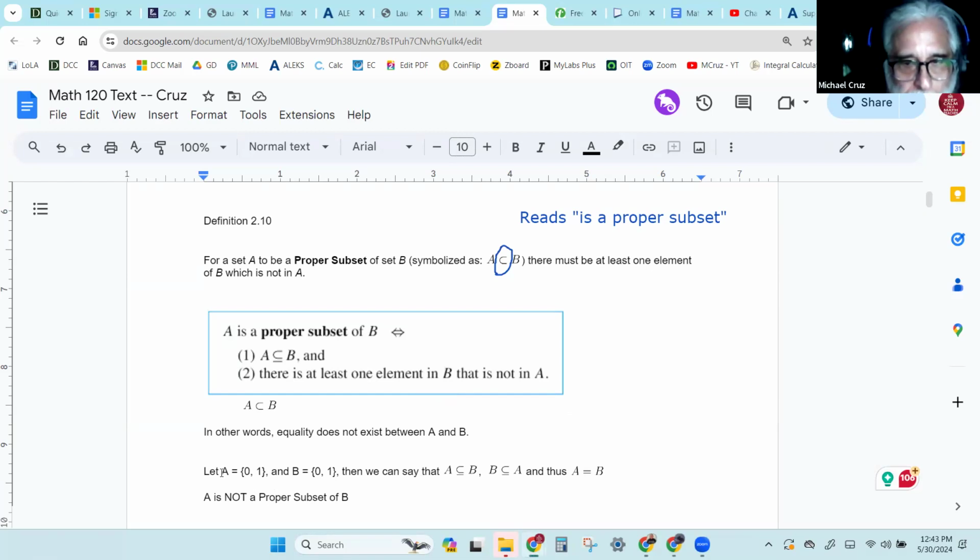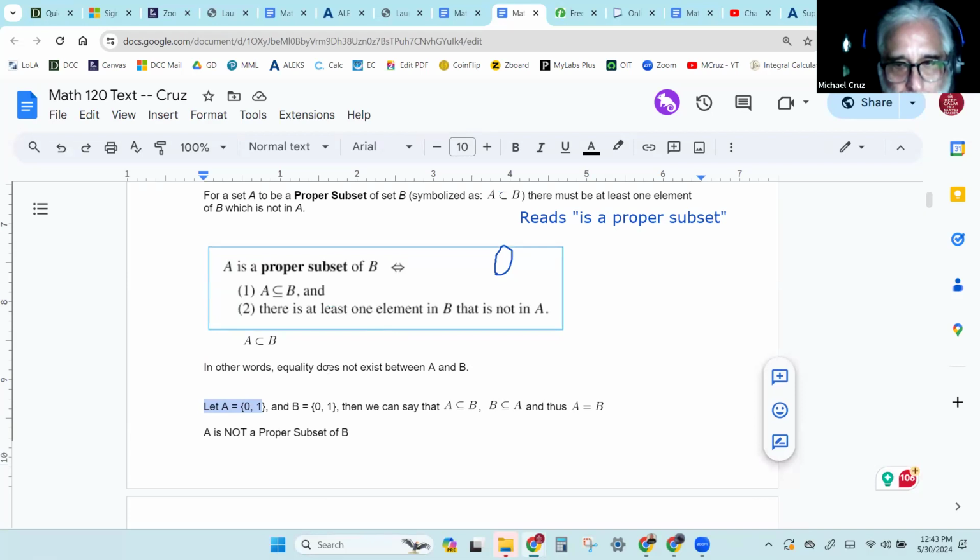So as I said earlier, if A is equal to 0 and 1, and B is the same set, then we can say they're subsets of one another, and even the other way around, that B is a subset of A, and they're equal. But A is not a proper subset of B, because a proper subset does not include equality.